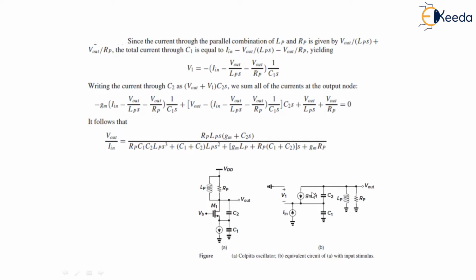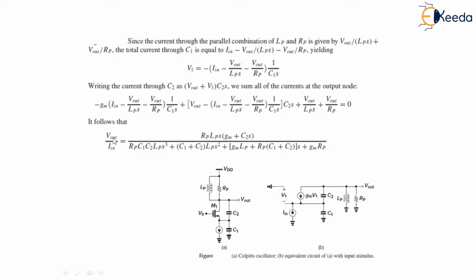The first one is this current, equal to minus Gm V1, putting the value of V1 from here into this equation. This current plus this current is given as plus (V out plus V1), putting again the value of V1 in this equation, into C2S, plus this current V out by LPS, plus this current V out by RP, equals 0.